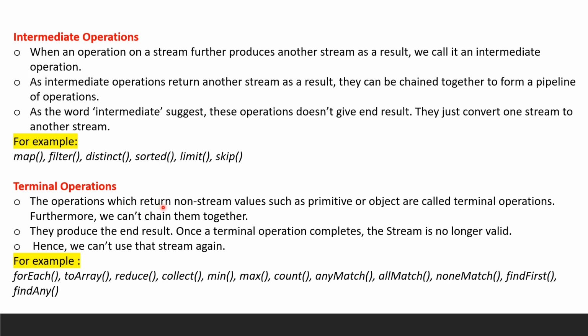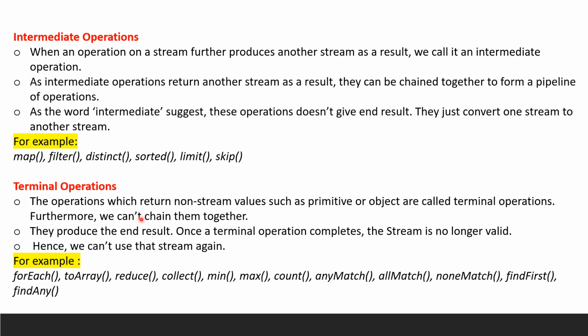And what are terminal operations then? The operations which return non-stream values, such as a primitive or an object, are called terminal operations. Intermediate operations give a stream as a result. Here, it will return non-stream values, which can be primitive types or objects.